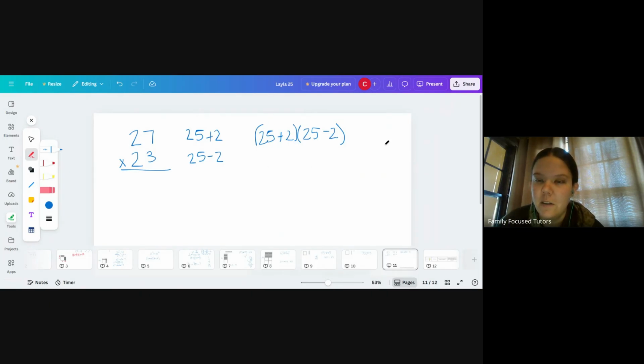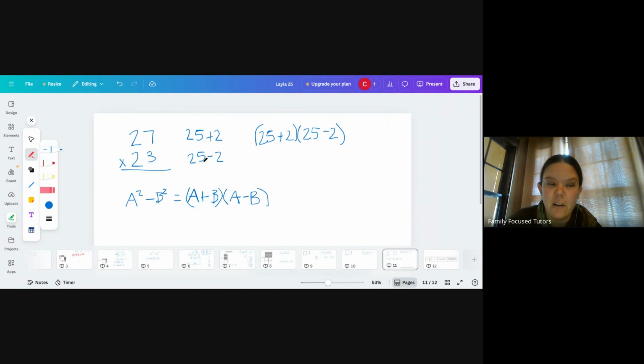So our difference of squares equation is a squared minus b squared equals a plus b times a minus b. Okay, that's our difference of squares equation.